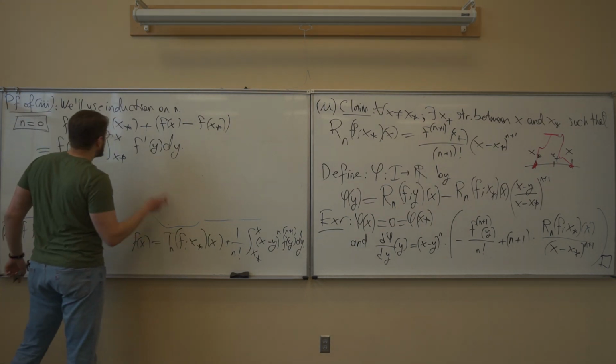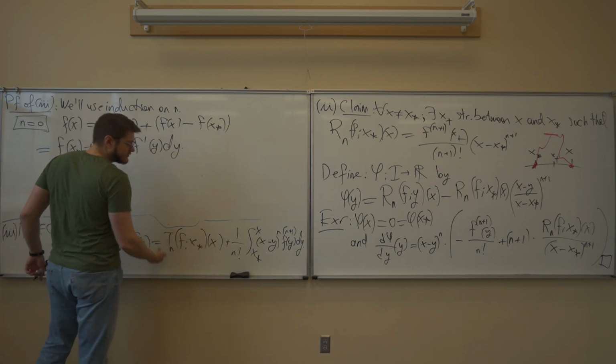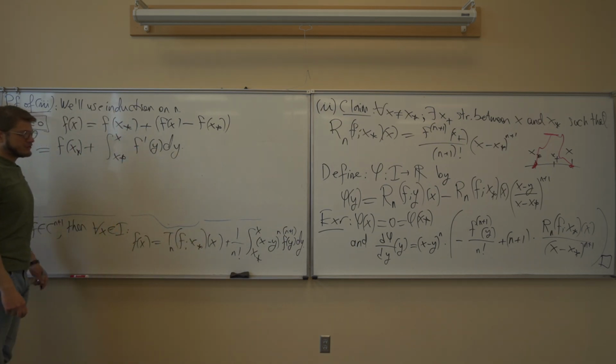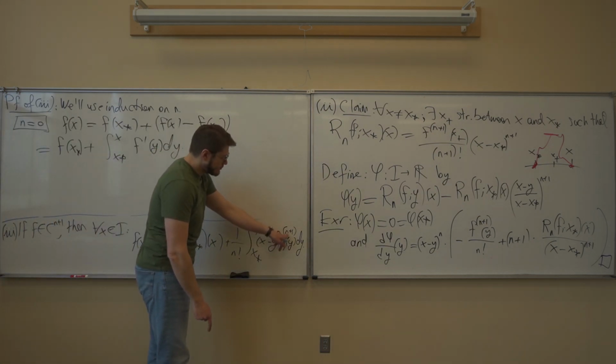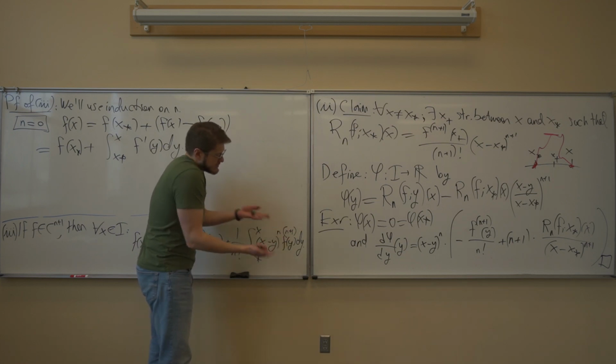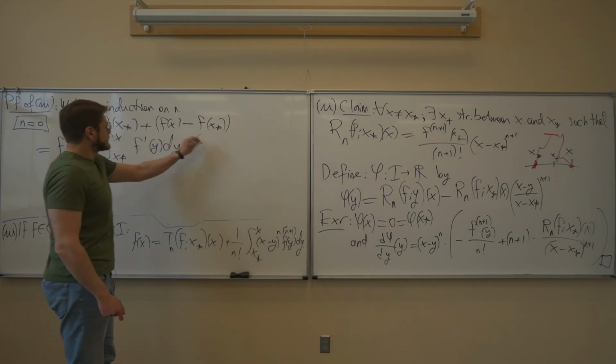We had discussed how this value of the function at x star is nothing but the 0th order Taylor polynomial. 1 over 0 factorial is just 1. If n is 0, the n plus first derivative is just the first derivative, and this is raised to the power 0. So this covers the base case.